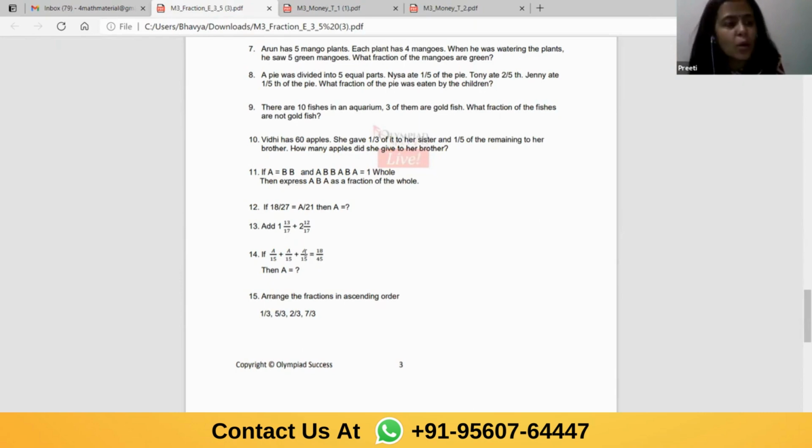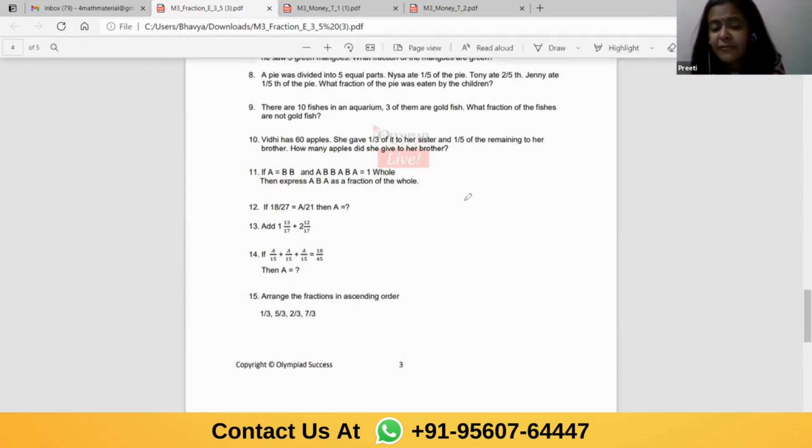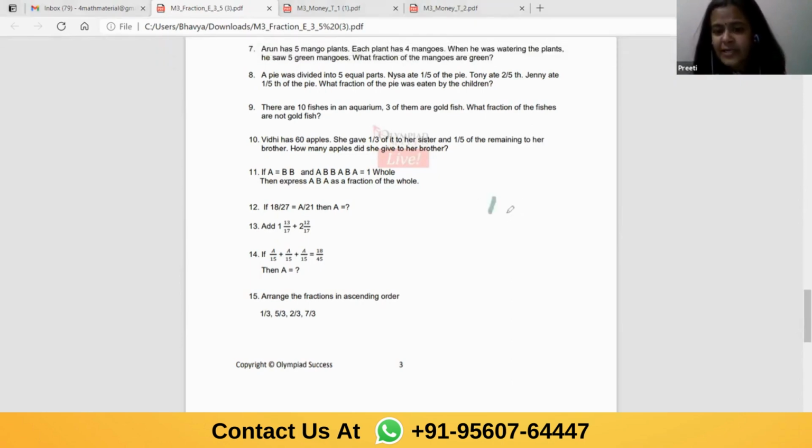You remember I told you that if we multiply... okay, let me put it this way. Wait, it cannot be 6. 6 is wrong. If I have to find an equivalent fraction of 18 upon 45 in such a way, how can I make this thing equal? Tell me, so that both of them are equal.